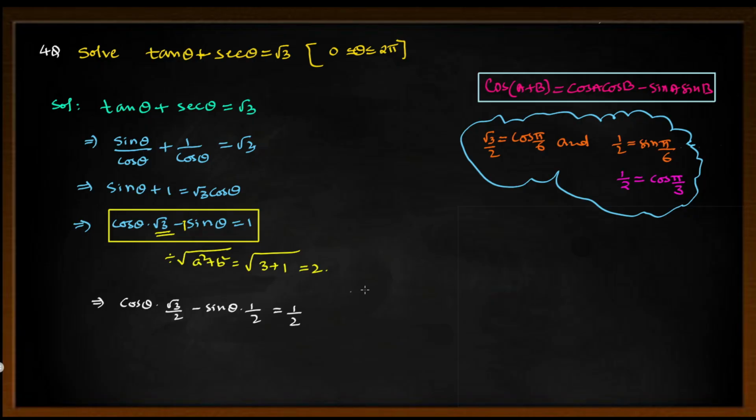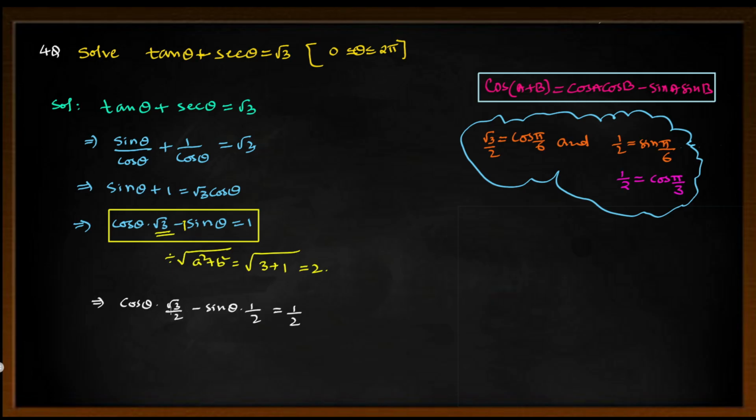Now we are converting in terms of cos. The form cos A cos B minus sin A sin B becomes cos of A plus B. To make cos of A plus B, we need both terms cos and both terms sin.